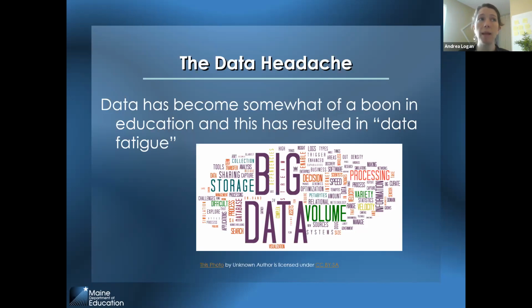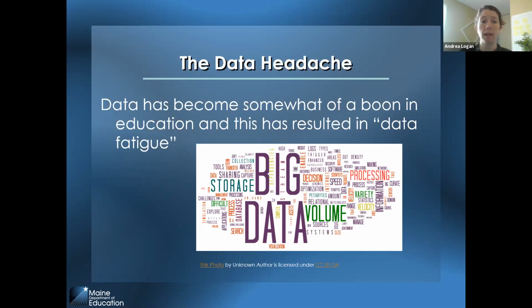With data fatigue, one thing that I hear a lot, and I used to hear a lot when I was in schools, and I even think I have said myself in the past, is: "Okay, so we collect all of this data and we never do anything with it. Who is using this data? Where does this data go? What am I using this for? How does this relate?"